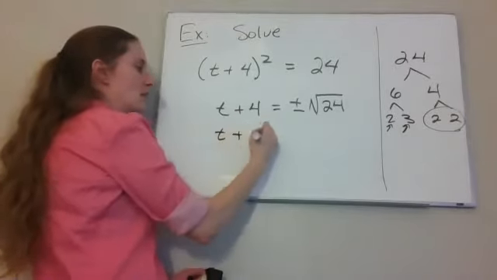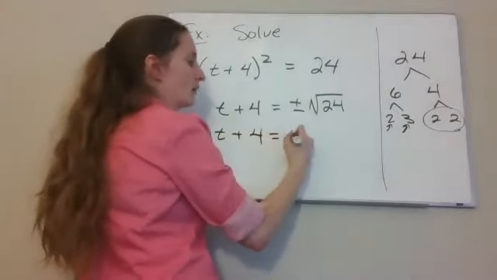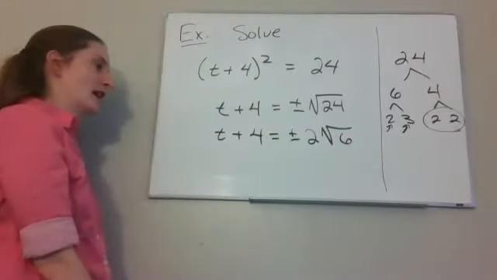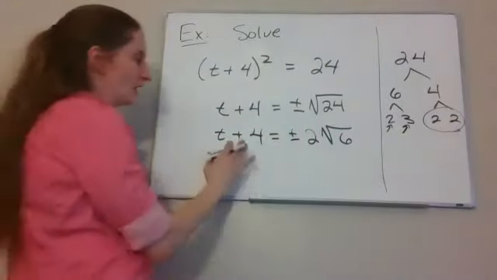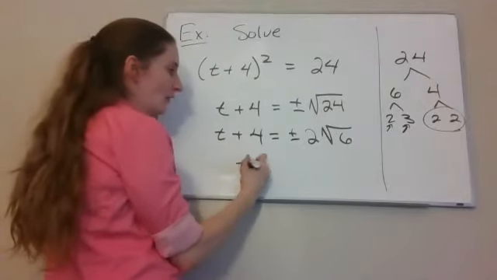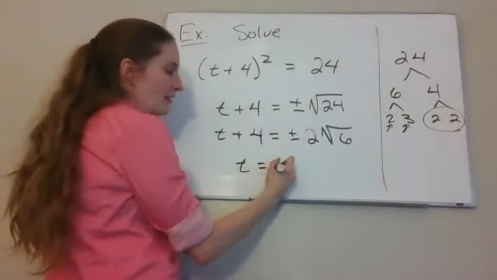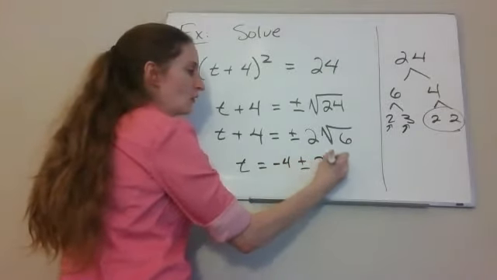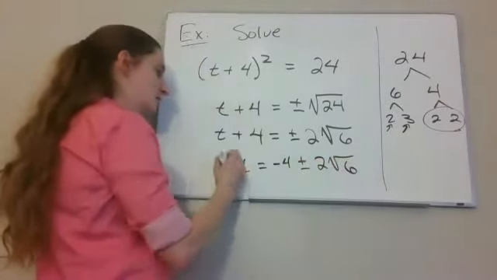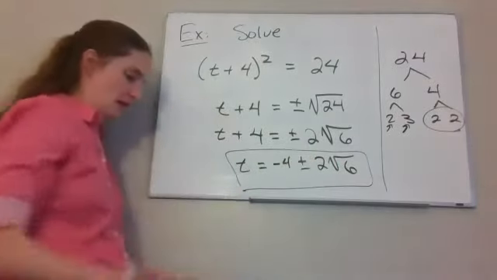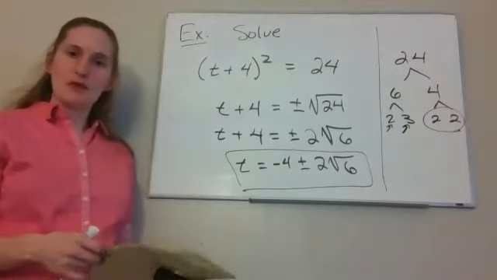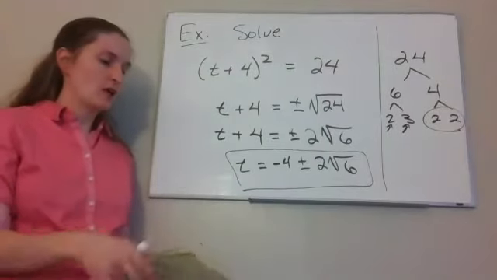So I get t plus 4 equals plus or minus 2 square root of 6. And now all I have to do to solve for t is subtract 4 from both sides of the equation. And I'm going to write that as negative 4 plus or minus 2 square root 6. And there's my answer. So that's how you use the square root property to solve a quadratic equation.